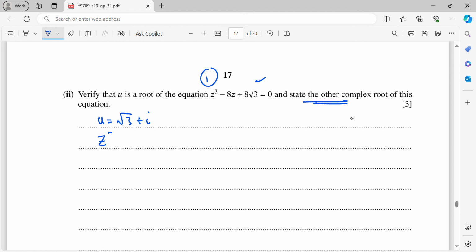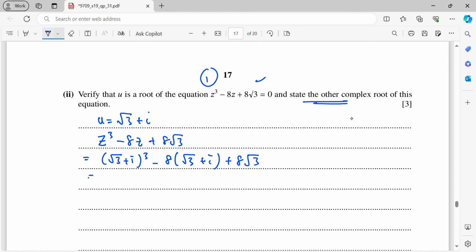So z cubed minus 8z plus 8 square root 3. So just replace now. Square root 3 plus i, cubed, minus 8 times square root 3 plus i, plus 8 square root 3.